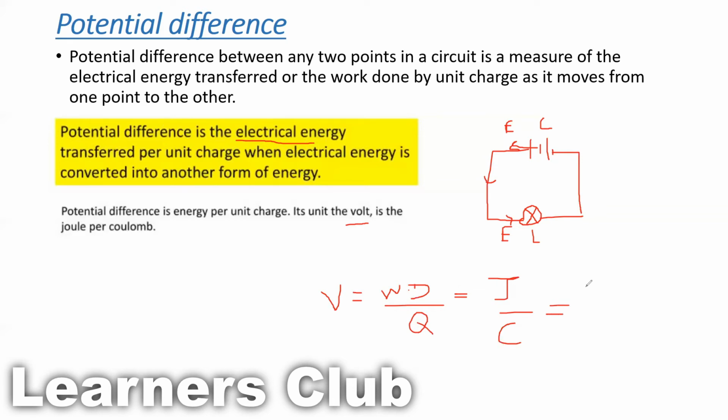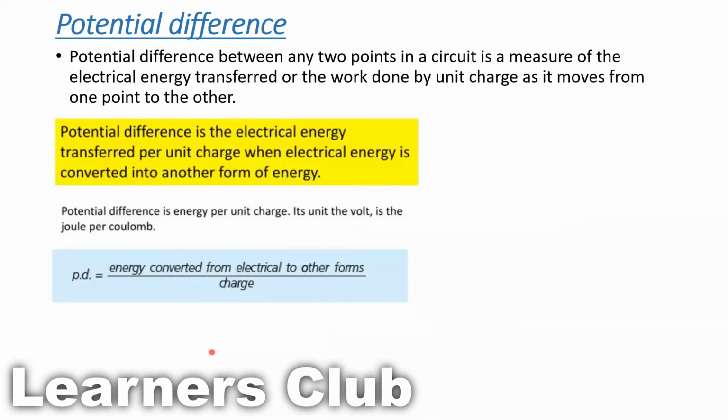So in other words, I can say the unit volt is equivalent to joule per coulomb. So you can write in short, PD is the energy over charge, but this energy is converted from electrical to other forms. In terms of a bulb, the other form is going to be light energy. But if it's a resistor, then when a charge passes through a resistor, it's going to give out the other form of energy as heat energy.